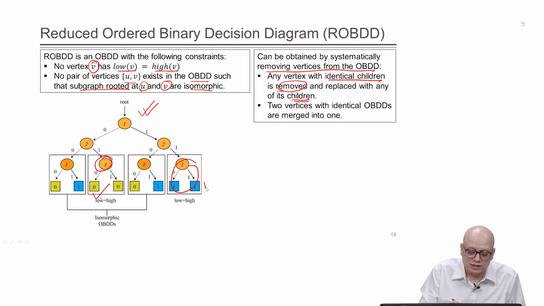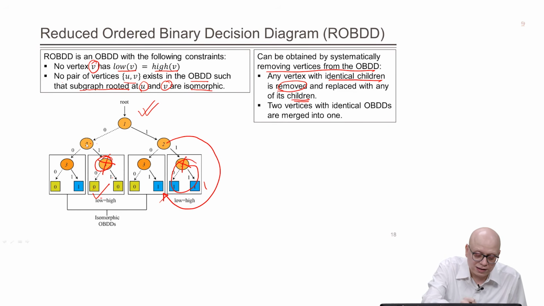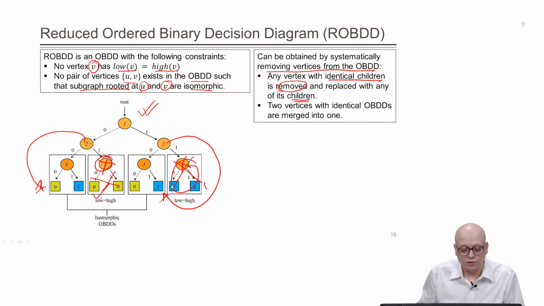So, what we can do is remove this vertex 3 and directly connect this to 1. Similarly, we can directly connect it to 0 and remove all of these. These nodes will go away. This is the first reduction: we remove any vertex with identical children.